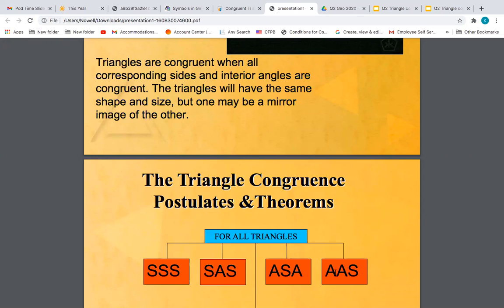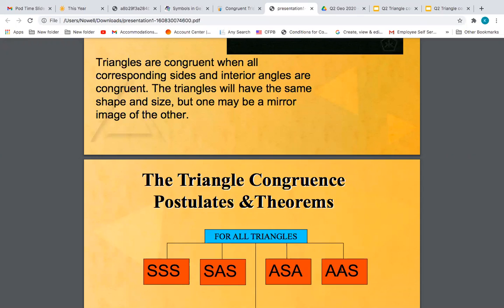So if those three categories fit two triangles, then we don't need to worry about the other sides or angles.